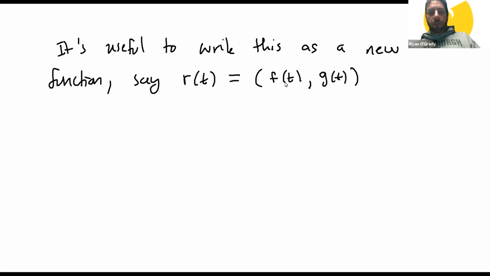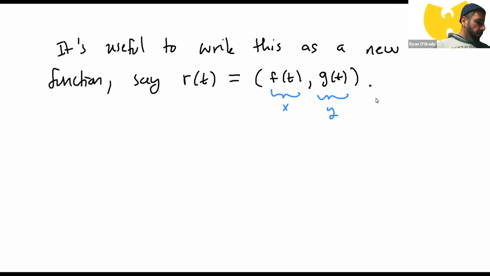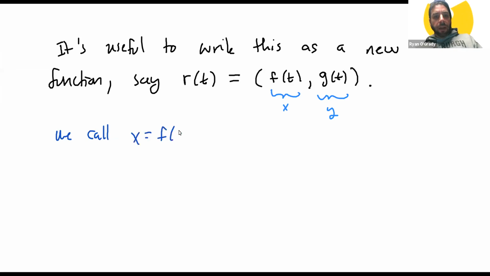I'll use f for the first coordinate and g for the second coordinate. Again, you can think of this as your x coordinate, and this is your y coordinate. So we give a name to this. We call x equals f of t and y equals g of t parametric equations.